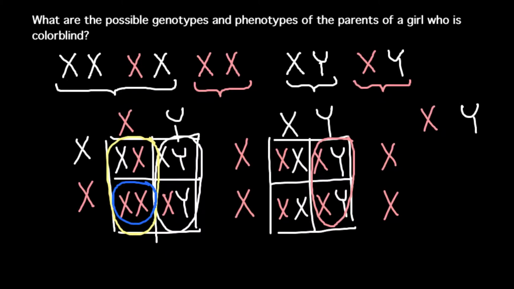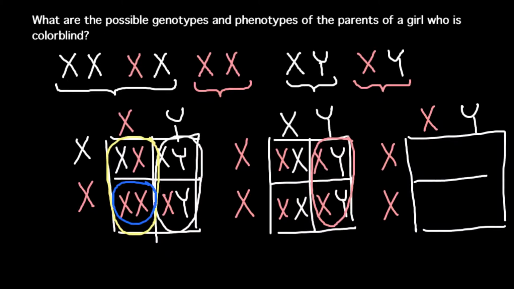As you see, when we build the Punnett square, we get the following results. Here we would have an affected female, and here an affected male, and here an affected male.